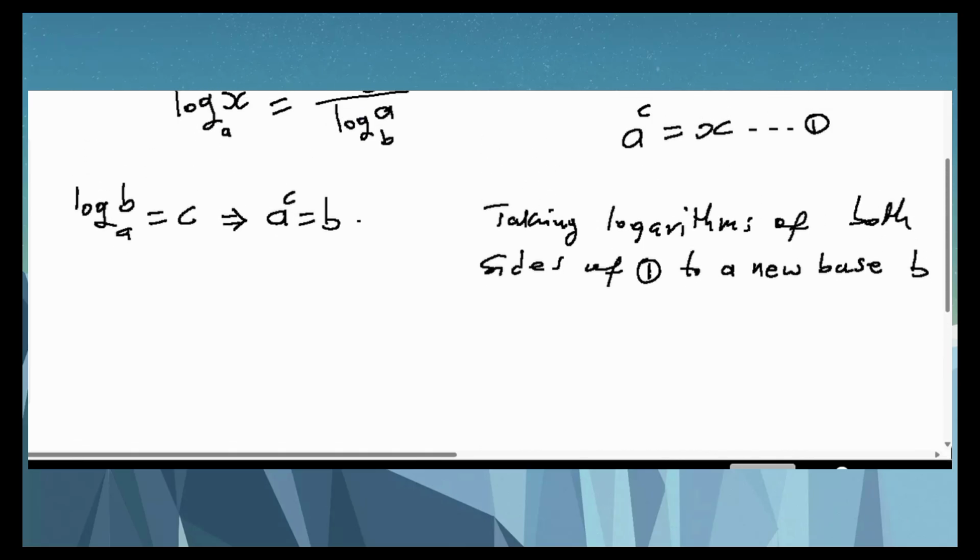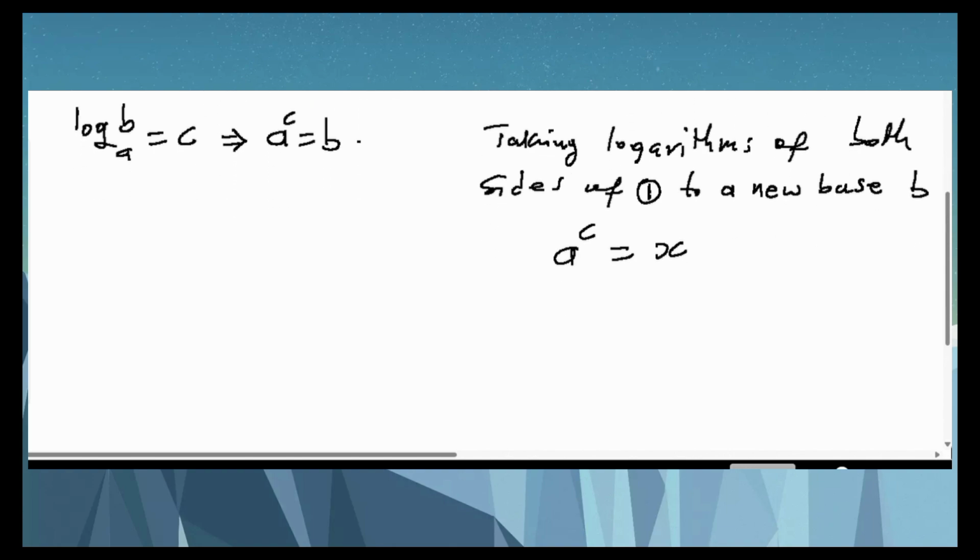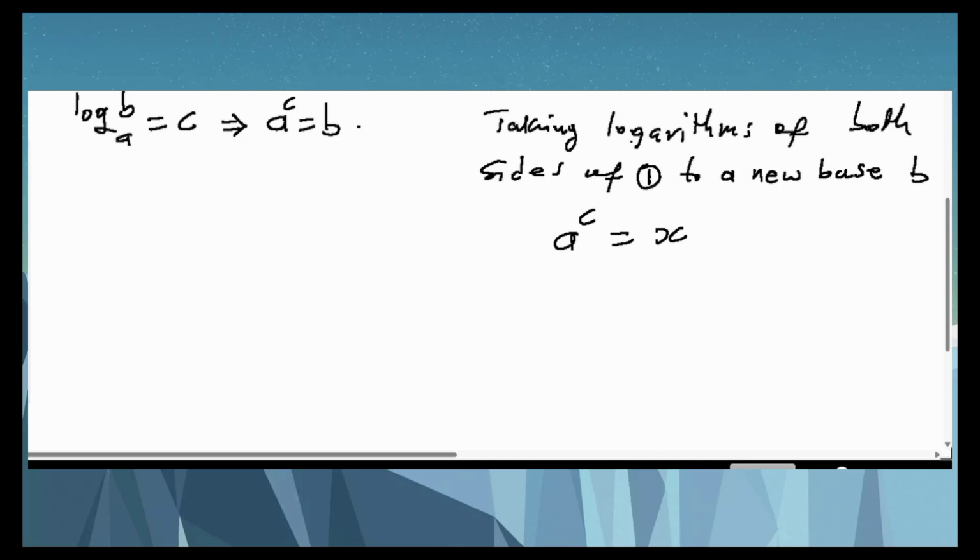So in doing that, we have our equation 1 to be a raised to the power c equal to x, right? So we're going to take the logarithm of both sides, and the base of that log is what? It's going to be log to the base b, isn't it?